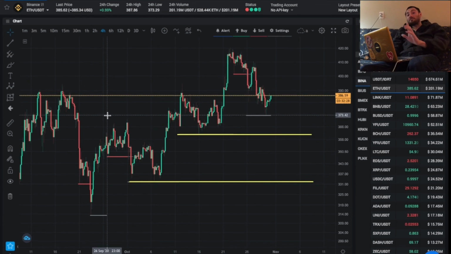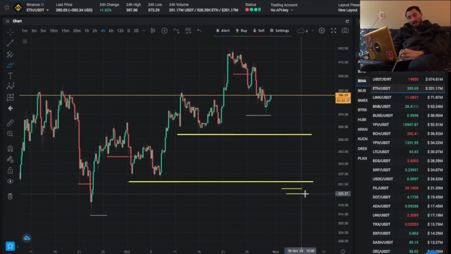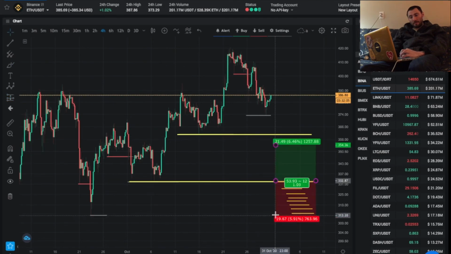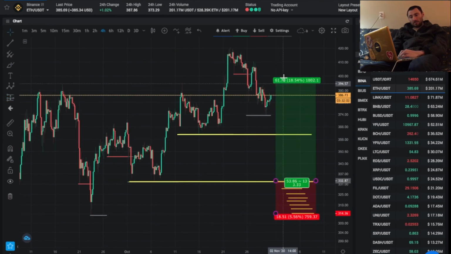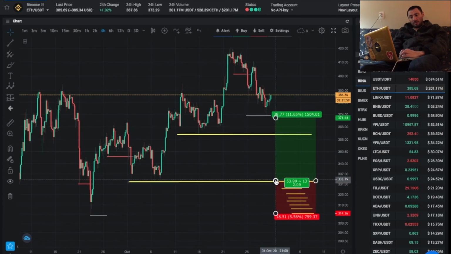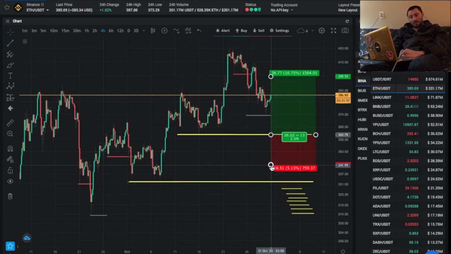There's probably a lot of stop losses underneath here that we can help out of these positions, but most of the stop losses are going to be, guarantee you, all the stop losses are like this. It's going to be like this. I bet most people probably all bought right here.